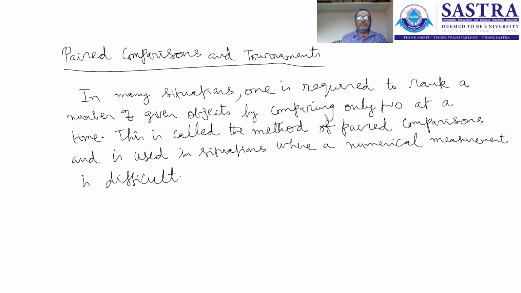The example that I am going to take is ranking a number of objects by comparing 2 at a time. This is called the method of paired comparisons. This comparison is done using directed graphs when numerical measurement is not possible or very difficult. You compare no more than 2 at a time and then arrive at a conclusion.